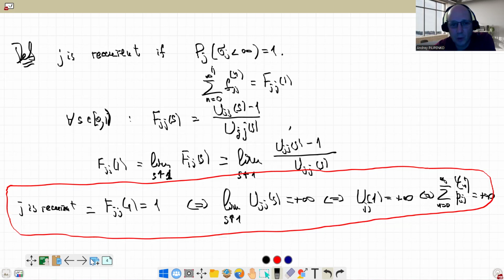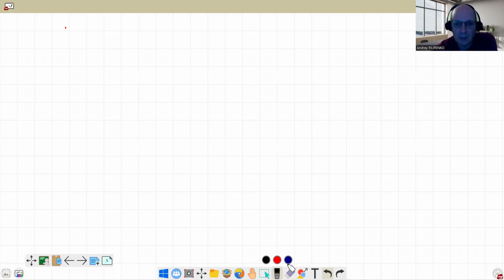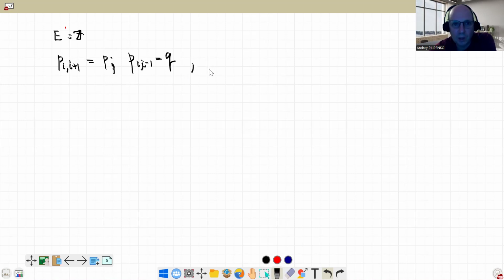And our next example will be a simple random walk that jumps with probability P to the right by one and with probability Q to the left. So the state space is Z, and assume that you jump to the right with probability P, and you jump to the left with probability Q, where P plus Q is 1.